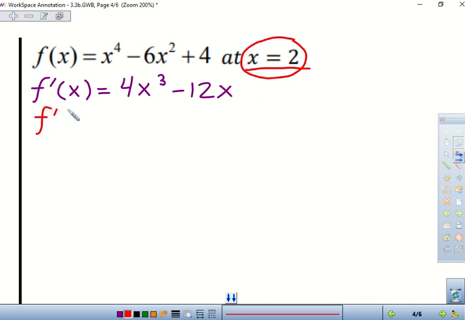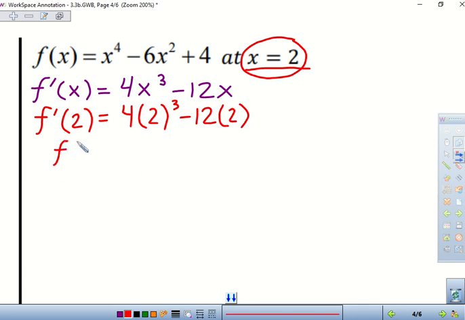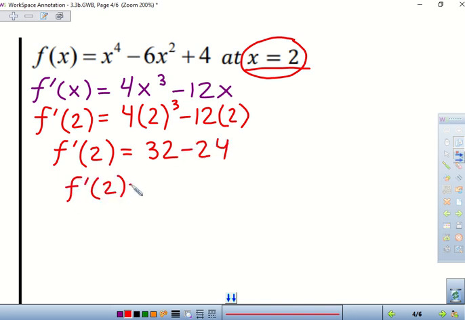Plug it into the derivative function. That's going to give me f prime of 2 is equal to 32 minus 24, which is 8.